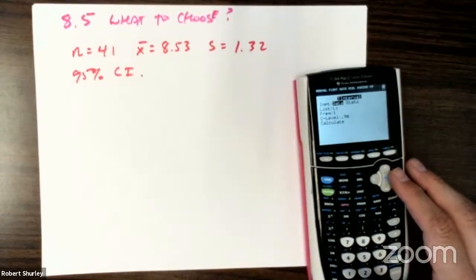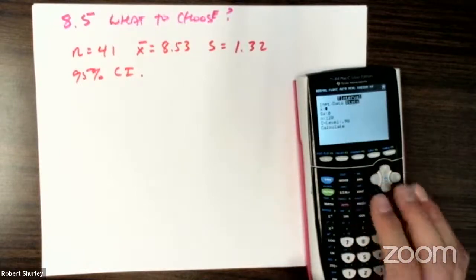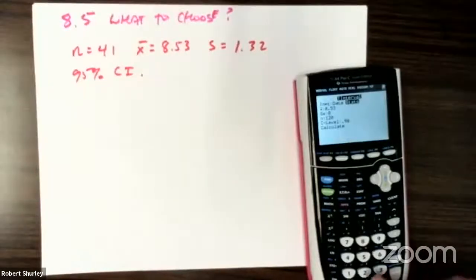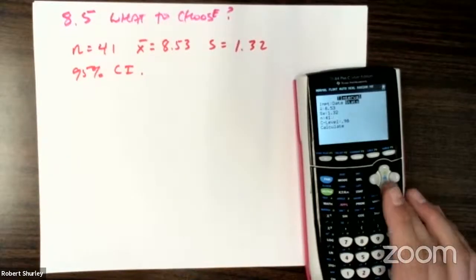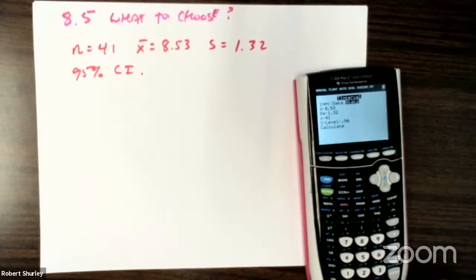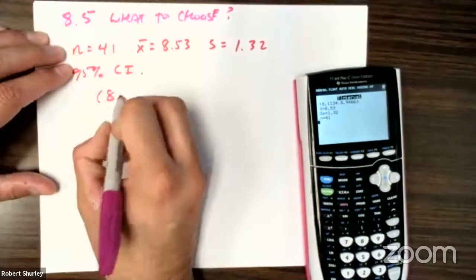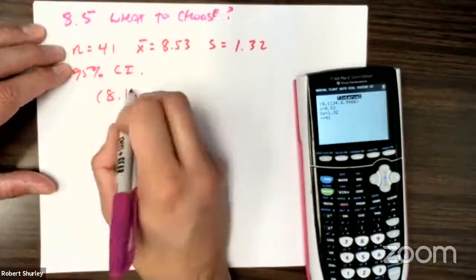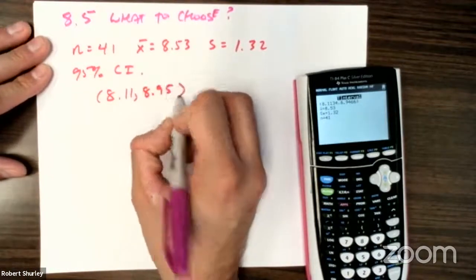And again, we know the stats, so I'm going to click stats. We've done this one, this is just a review, how to pop these in. So 8.53, sample standard deviation is 1.32, n is 41, and they want 0.95. The interval is 8.11 to 8.95 if we round it.